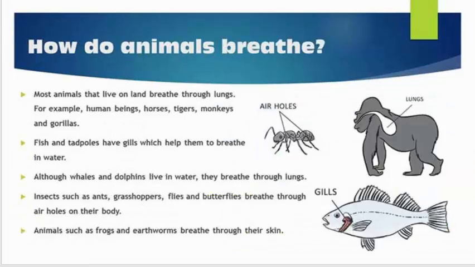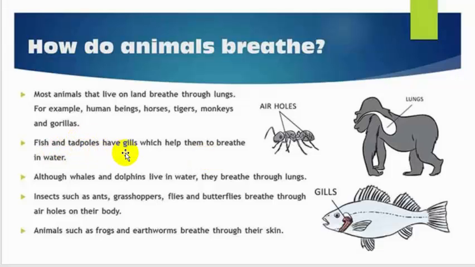Now, how do animals breathe? Most animals that live on land breathe through lungs. For example, human beings, horses, tigers, monkeys and gorillas.